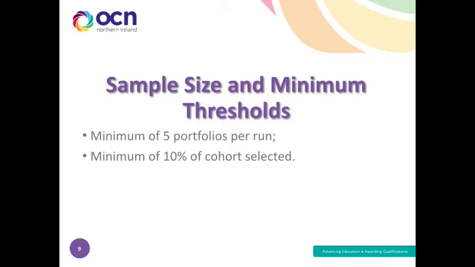This will also translate into a minimum of 10% of the cohort. So if we're going beyond 50 within a run, we should be looking to increase that. So for most centres, for most courses, 5 portfolios will be where you're at for selection.